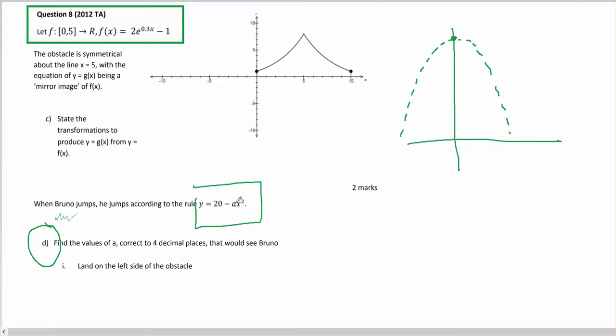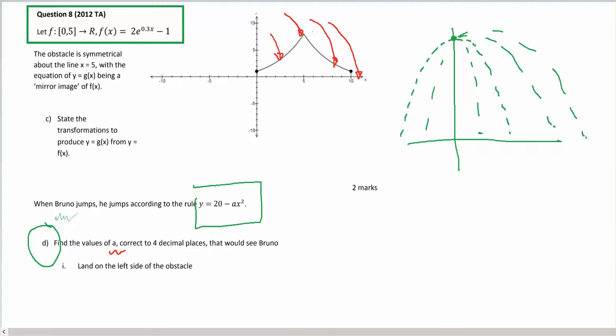Therefore, if A is positive, Bruno's either going to jump like this, or like this, or like this, or like this, depending upon the value of A. Sometimes Bruno will land here, sometimes there, sometimes here, and sometimes here. So what are the values of A that give all sorts of different scenarios?